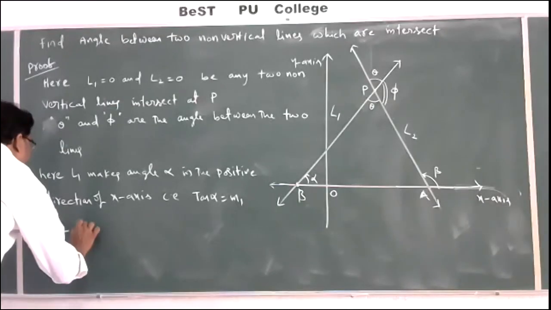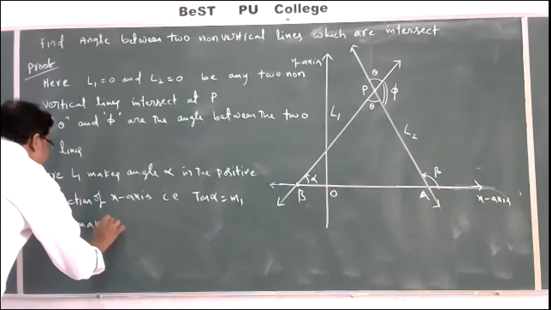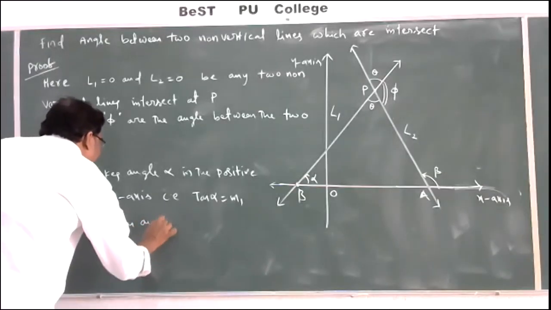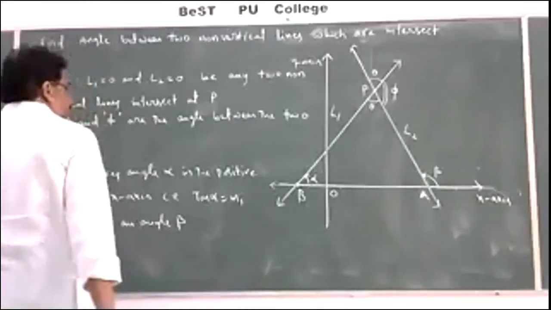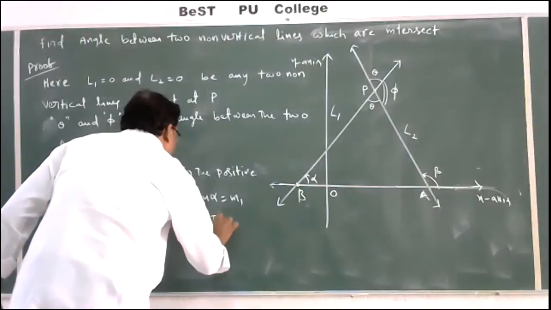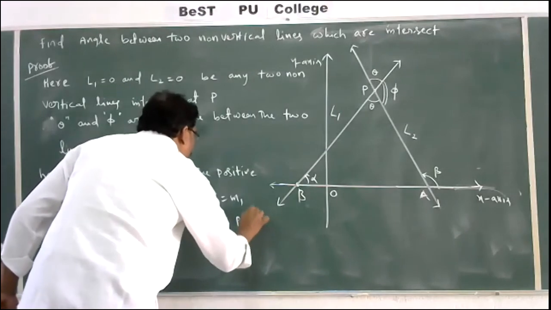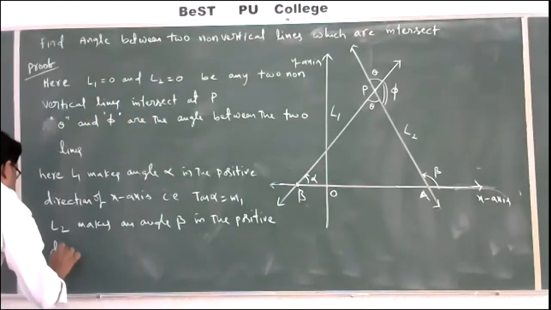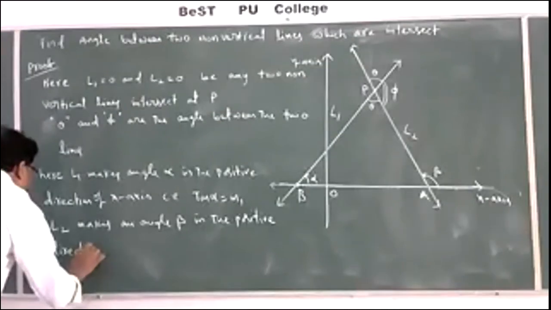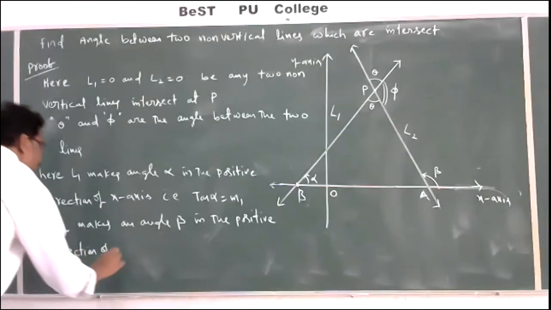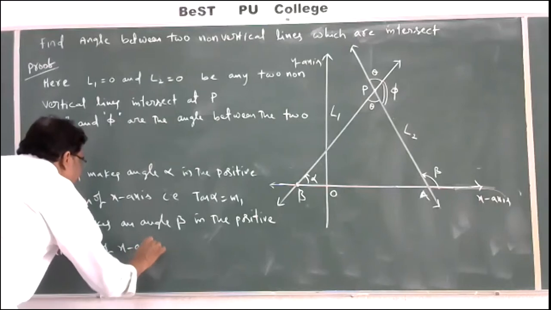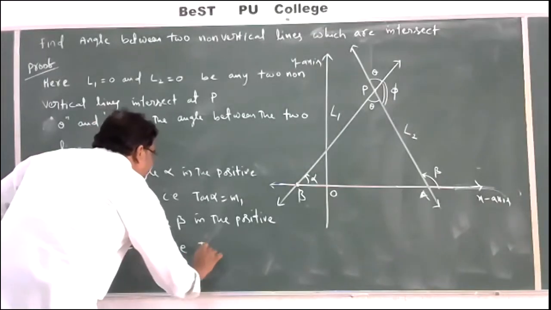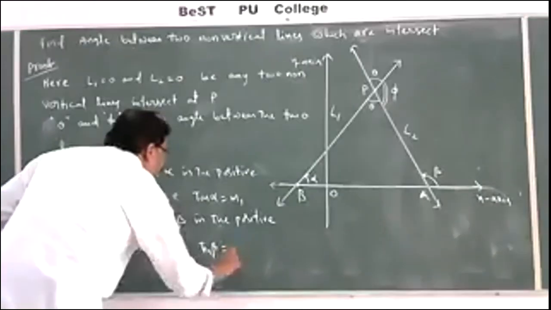Same for L2. Next, L2 makes an angle beta in the positive direction of the x-axis, that is, tan beta is equal to M2.